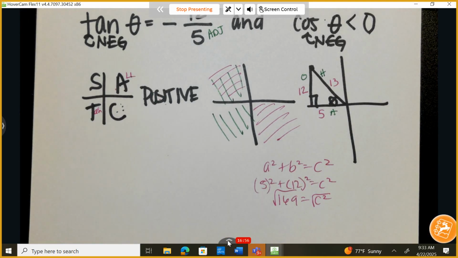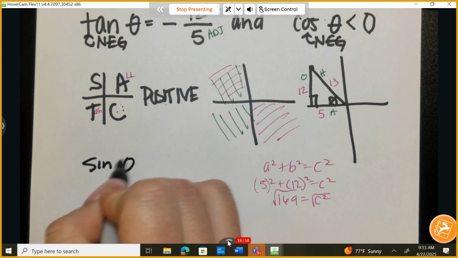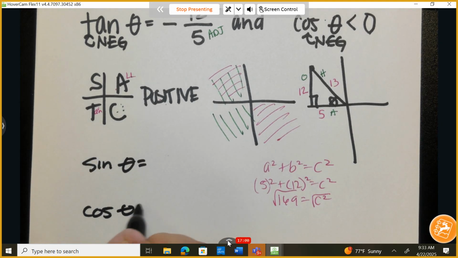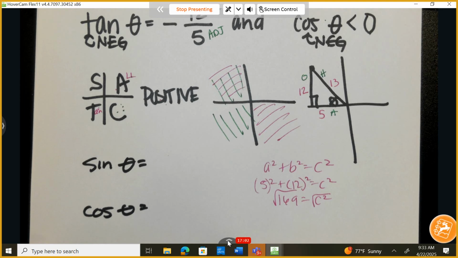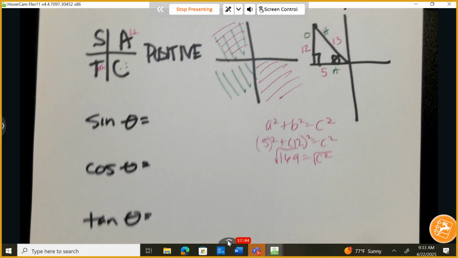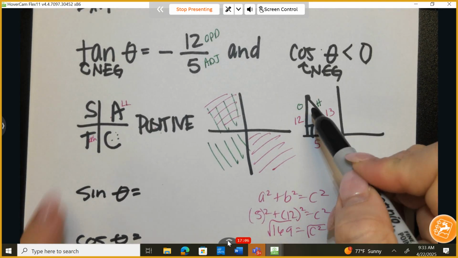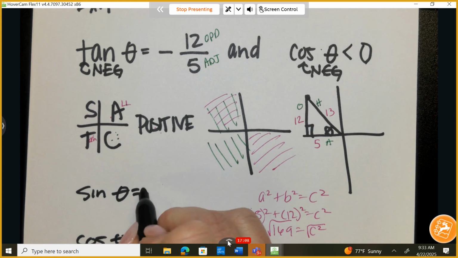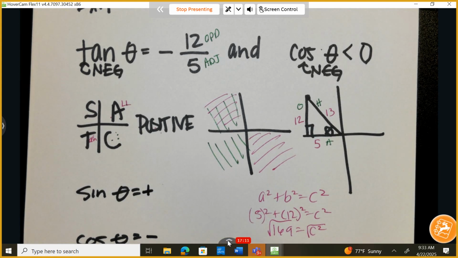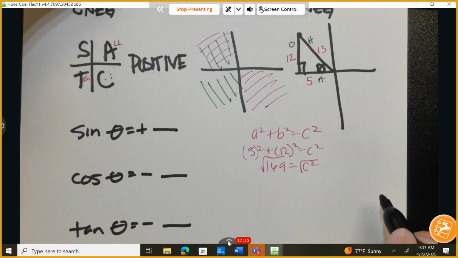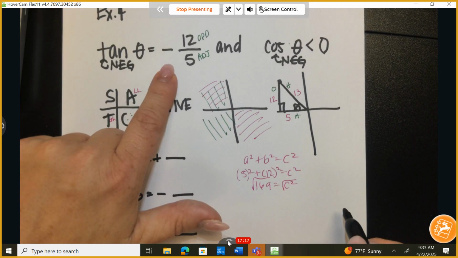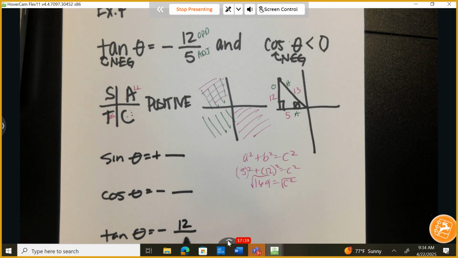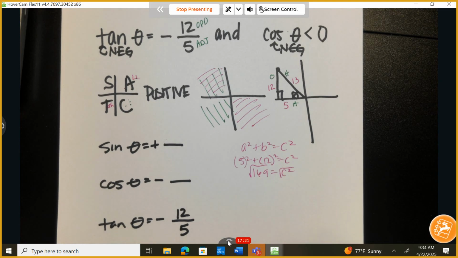I'm going to come over. Remember, we're only doing the primary trig functions: sine, cosine, and tangent. Now, in quadrant 2, only sines are positive. The other two get a negative. And I already know, if I zoom out here, the tangent is negative 12 over 5. 2 left to do.